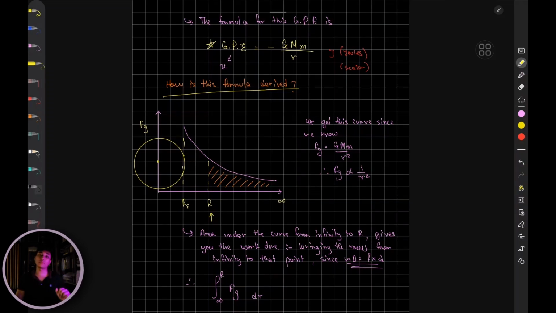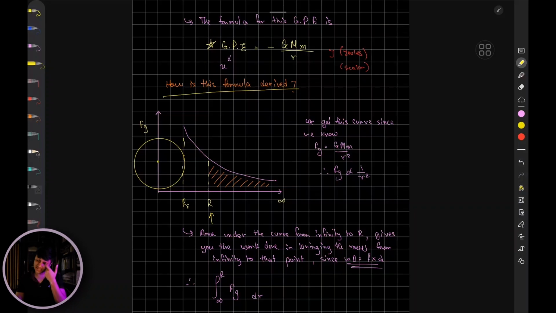Remember the definition of gravitational potential energy: the amount of work done in bringing an object from infinity to a defined point, let's say R. So what is the gravitational potential energy of the object at this defined point R near Earth?